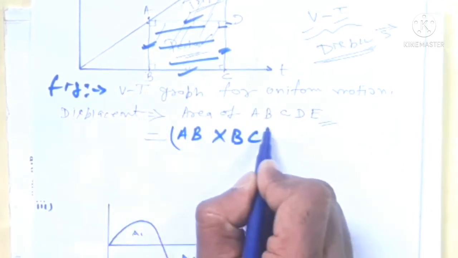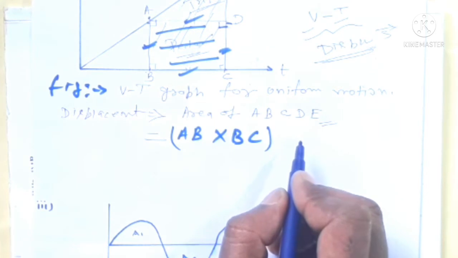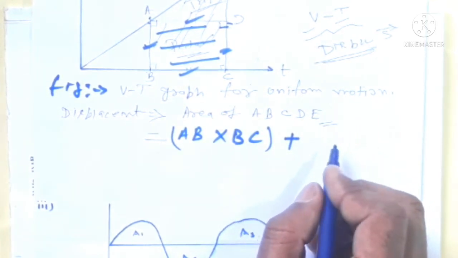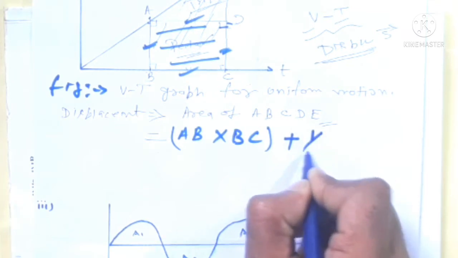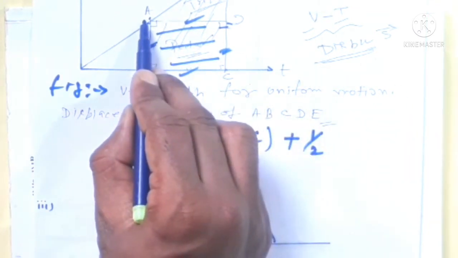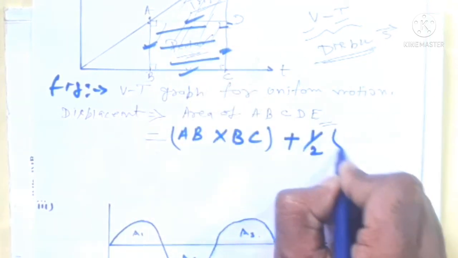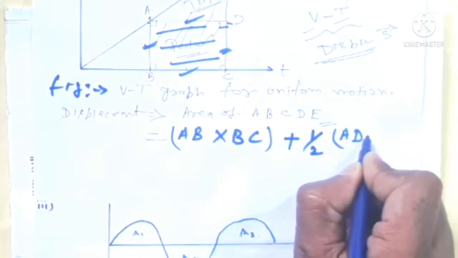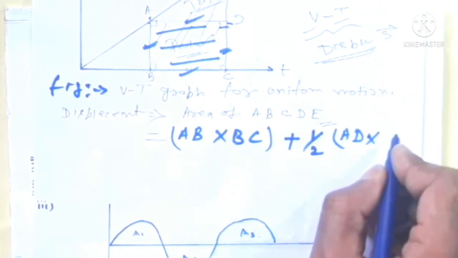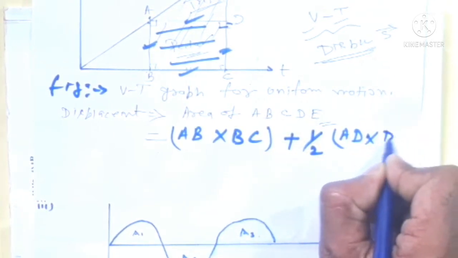This is our rectangle plus the area of the triangle: 1/2 into base AD, into height, the perpendicular distance DE.